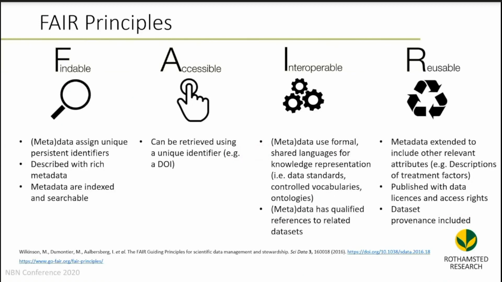And it's making sure that you use community standards, whether it's controlled vocabularies, ontologies, or metadata schemas to describe your data. And that your data is published with a rich plurality of information. So things like, what are the access rights and the licensing associated with that? What's the provenance?